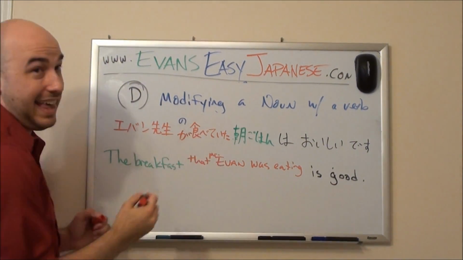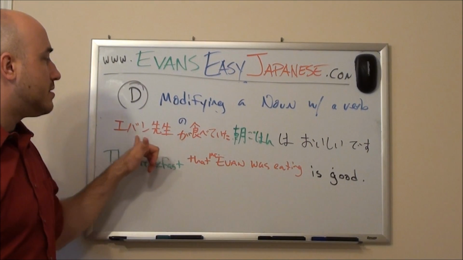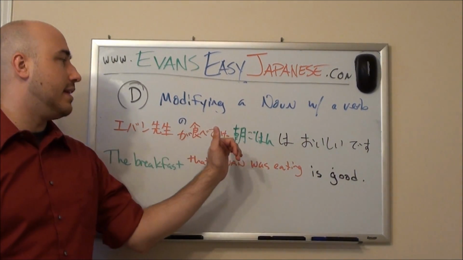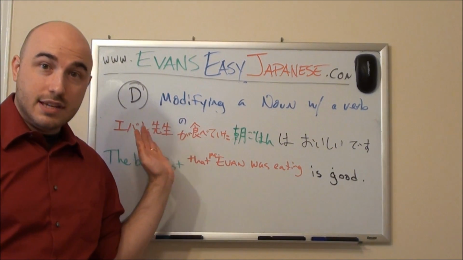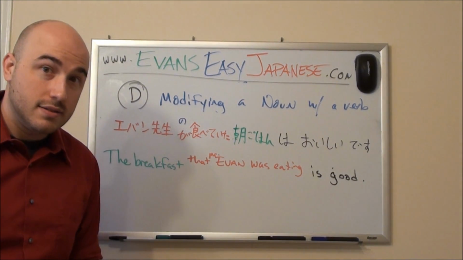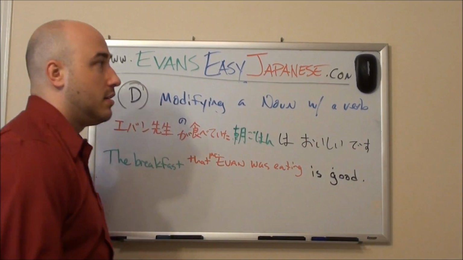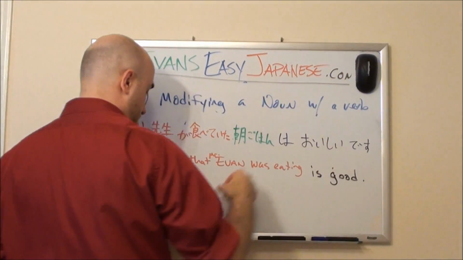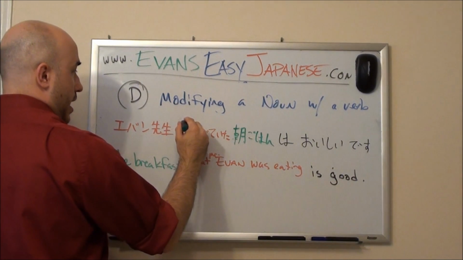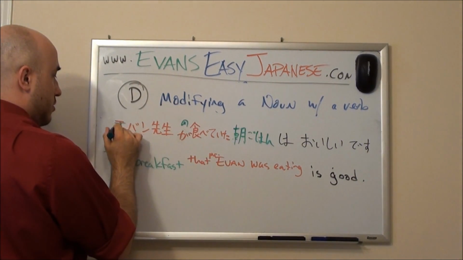Oops, sorry, hiragana. Eban sensei ga tabete ita asa gohan. Eban sensei becomes part of the clause. Okay? If we use a no, Eban sensei kind of becomes green.